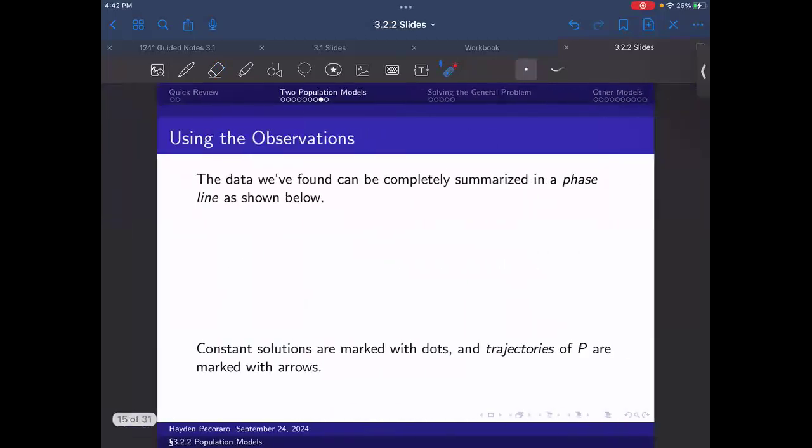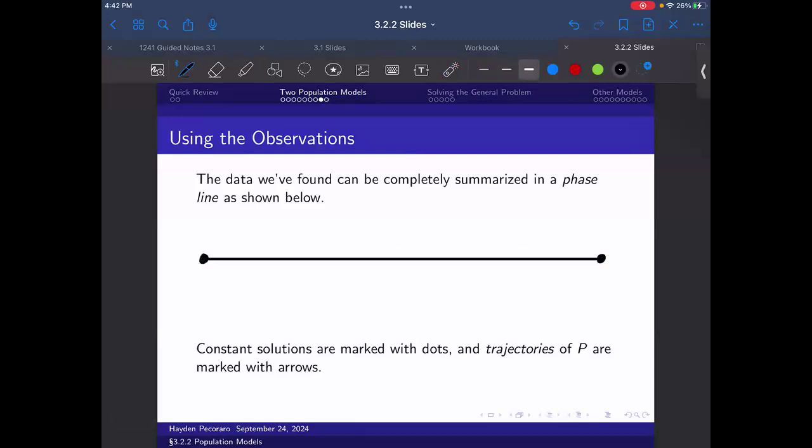All right. So let's draw something called a phase diagram. So a phase line looks like this. And I want 2 dots in here, 1 dot for each equilibrium solution.